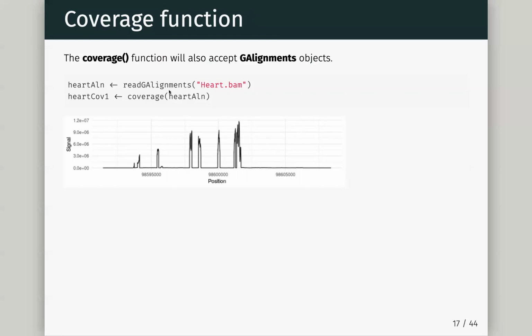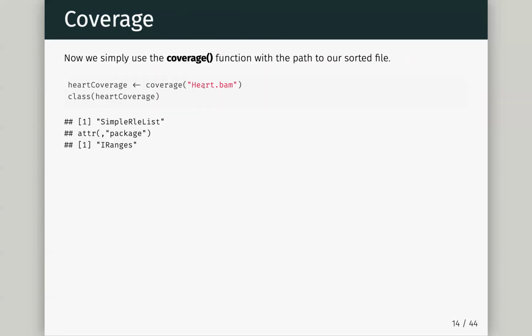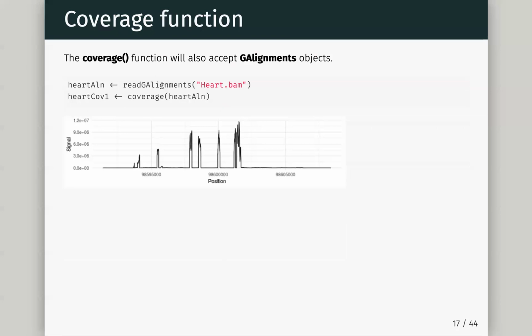Here, rather than going directly from the BAM file, we'll first read it in, get our GA alignments object, and pass that to coverage, and we'll get exactly the same result. It doesn't matter if we go straight from the BAM file or from the GA alignments we read in. The advantage is you have this intermediate object you can still manipulate.